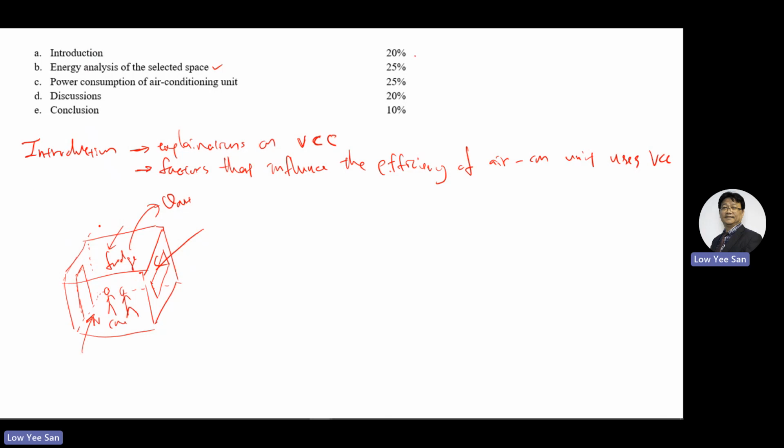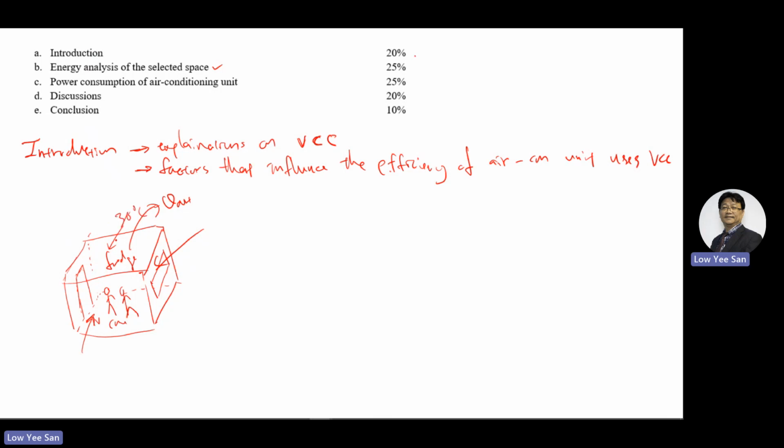But if you don't mind, you can make an assumption. You can say that the heat transfer is not significant, then you can ignore it lah. Or you can just assume some temperature.